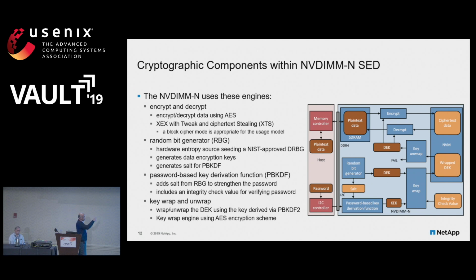After we encrypt the data, the data encryption key is wrapped with a key and stored into the NVM, because that is required whenever we need to restore. We have to read the key in order to decrypt the data, and the actual ciphertext, which is already encrypted, is also stored on the NVM, which is a flash region.